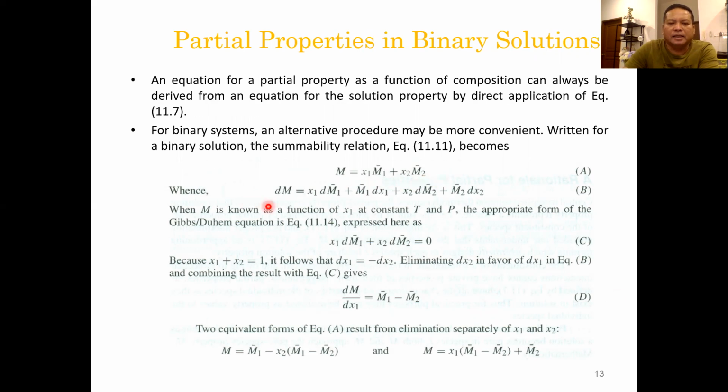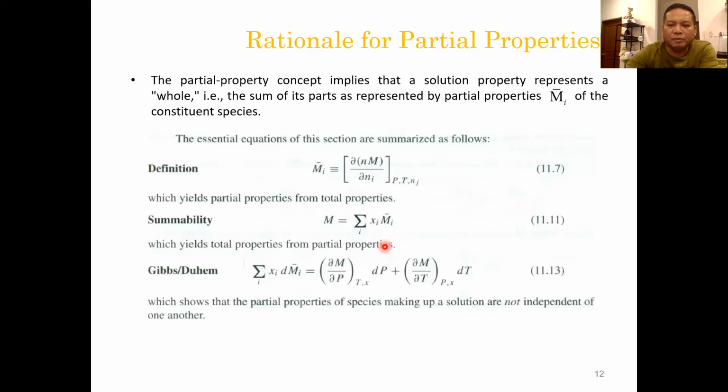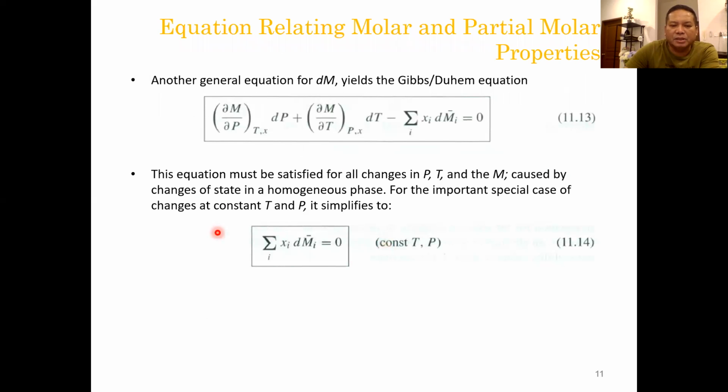Hence dM: we differentiate this to each component, this component and this component. But when M is known as a function of x1 at constant T and P, the appropriate form of the function is expressed as here. Because this should be equal, in equation 11.14, the summation of xi dMi is equal to 0.